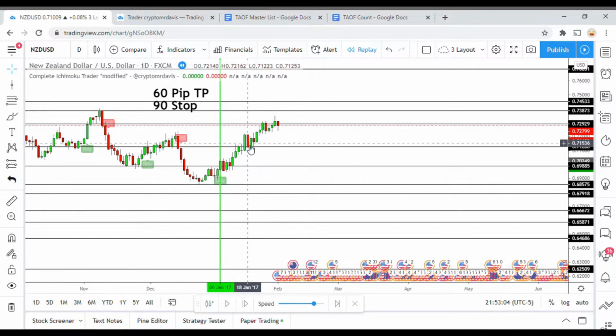We have a pretty good setup: a hard push in one direction, bounced, rejected it with a big red candle, pushed up again, rejected it with a big long wick, and now another red candle back underneath this line. And if we get another decent red candle, then that may be a sign to take a trade.